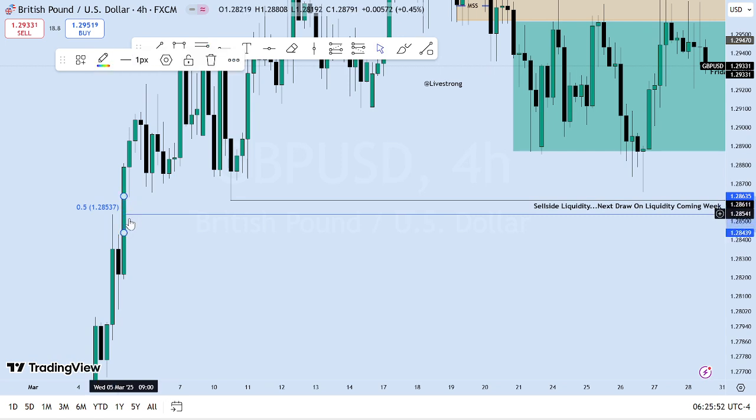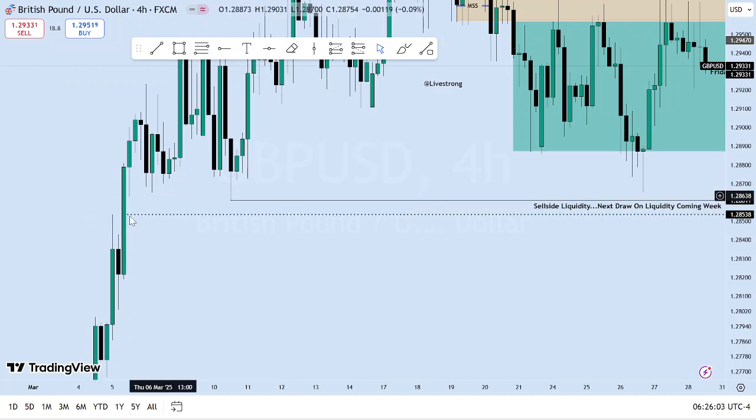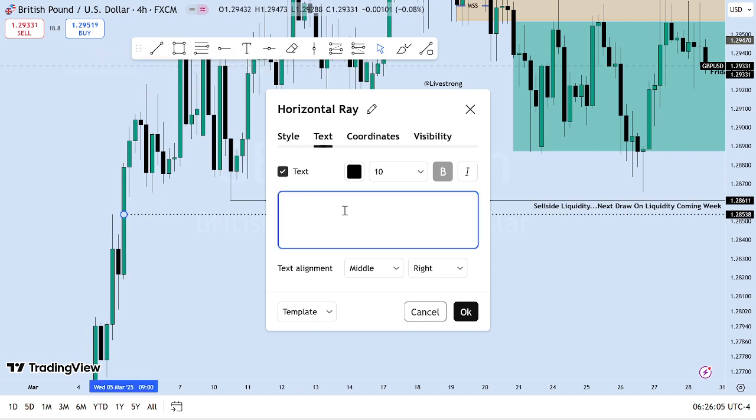This BC, buy side inefficiency, sell side imbalance. Consequent encroachment.